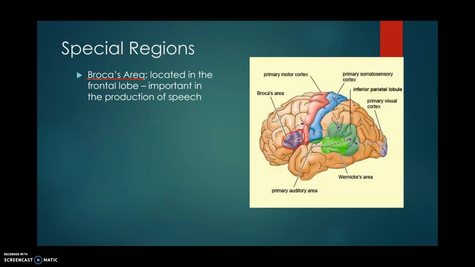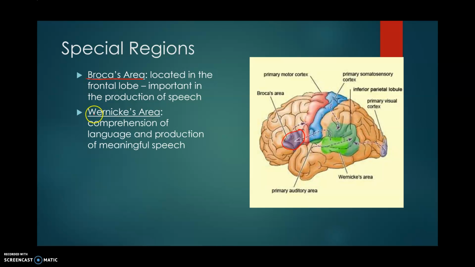And there's many different conditions that can happen if these areas are injured in some way. So for Broca's area, one of them you might have heard of before is called aphasia. And this is where you know what you want to say, but you physically can't produce the words. And this is going to be a big one for Broca's area, that kind of condition that you have.